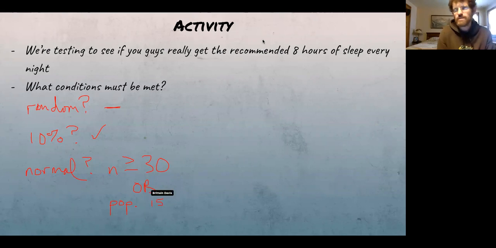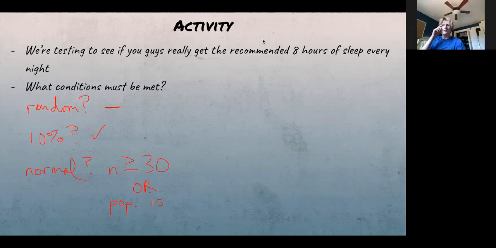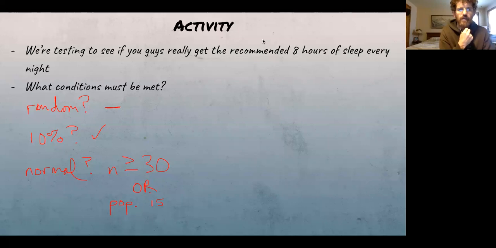Population is... If it's like greater than 500 or something. No. So the other one, just to remind you guys, and it's important that you internalize this concept because it's not on the formula sheet. You do need to know this concept. The population is approximately normal. So if the population is approximately normal, we're golden.